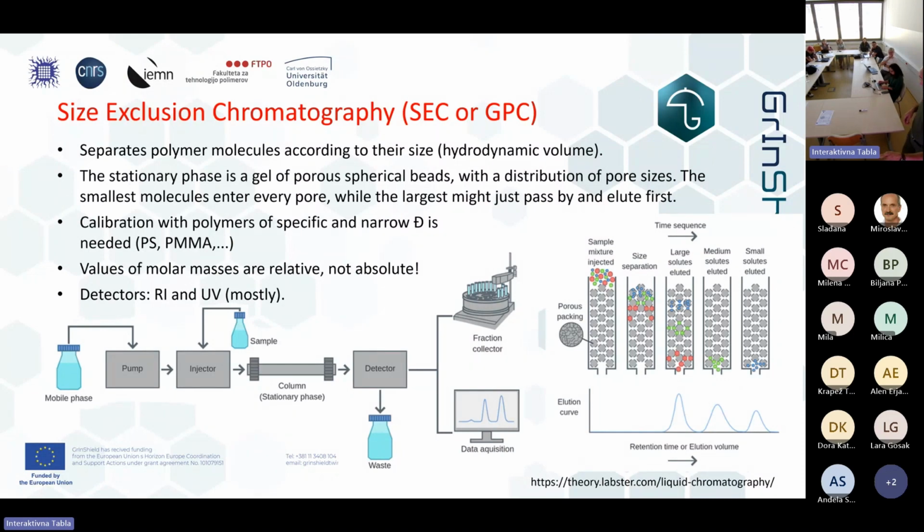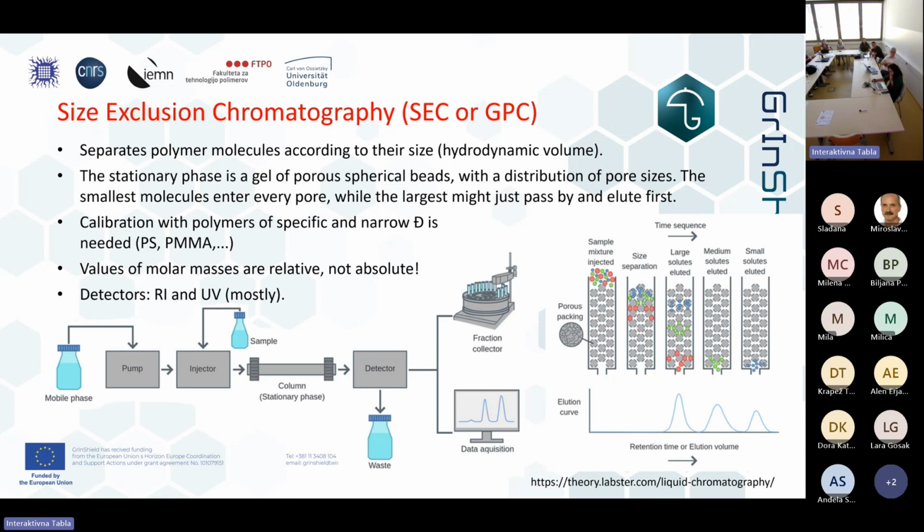So we can get this kind of chromatogram actually. Usually, SEC has to be calibrated with polymers with very narrow molar mass distribution. Most commonly, we do that with polystyrene or PMMA.